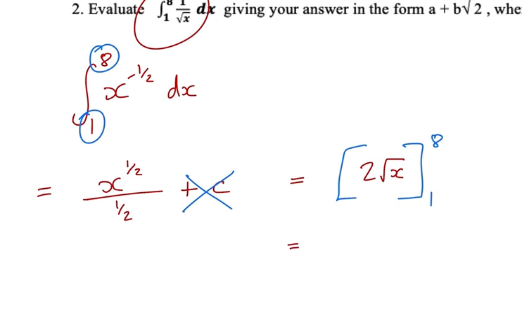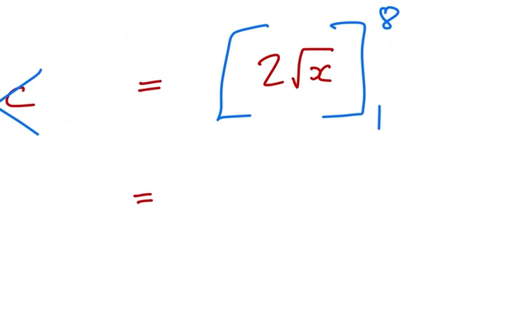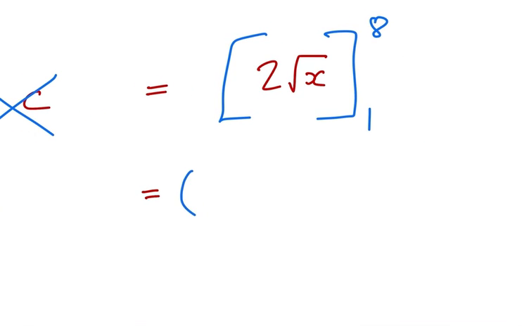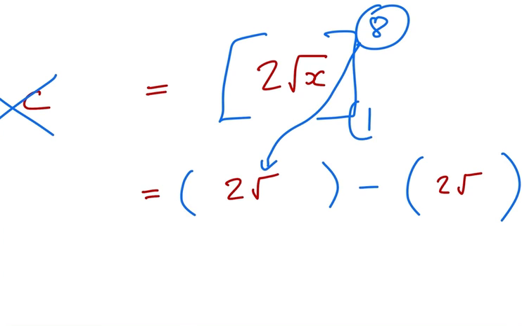And now on to our next step. I then write two sets of brackets, a little bit like this, and I take one bracket from the other. I then fill in my function into the two brackets, so 2 root and 2 root, and I don't include the x. And I'm going to substitute each of my limits into these brackets.